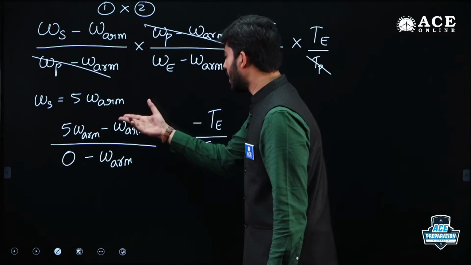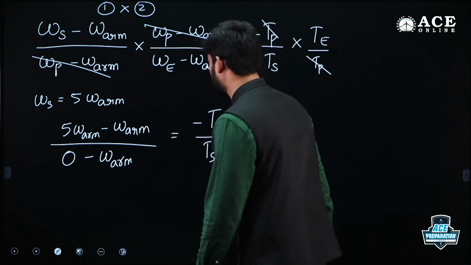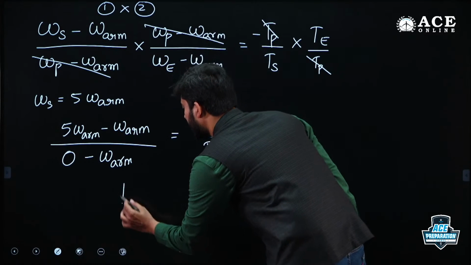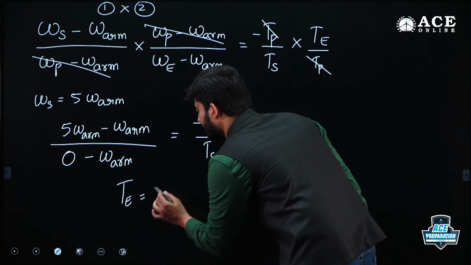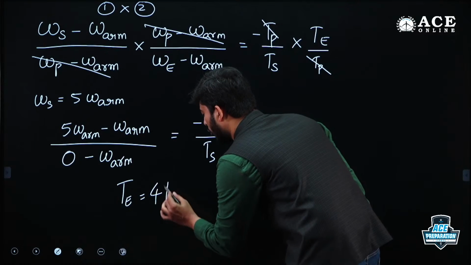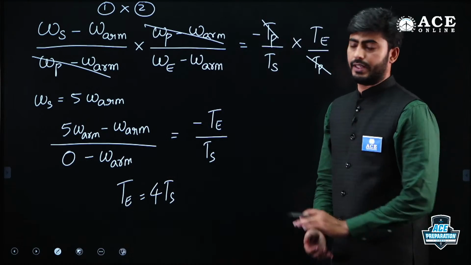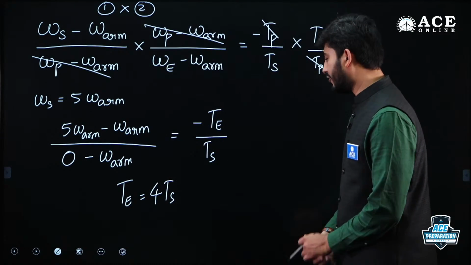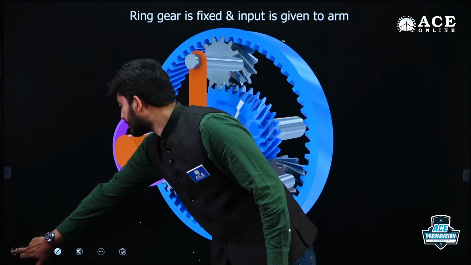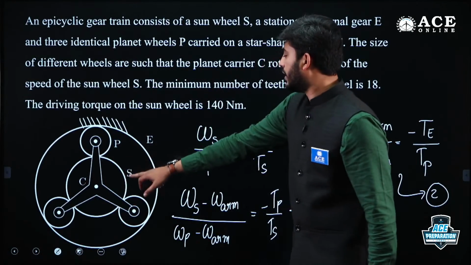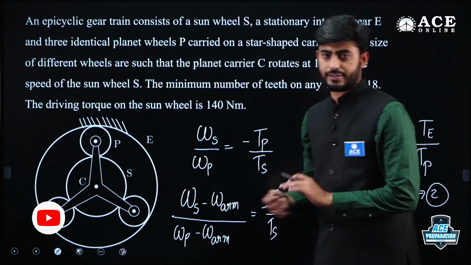So here omega arm will be cancelled, so Te is equal to 4 times Ts. Okay guys, Te is equal to 4 times Ts.